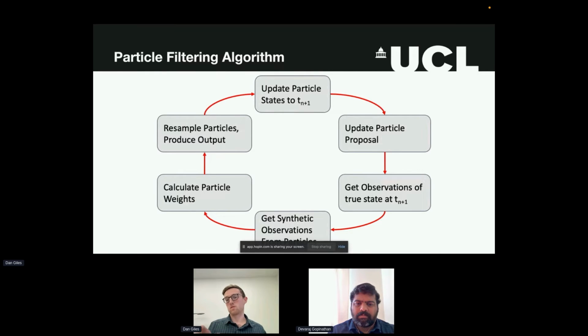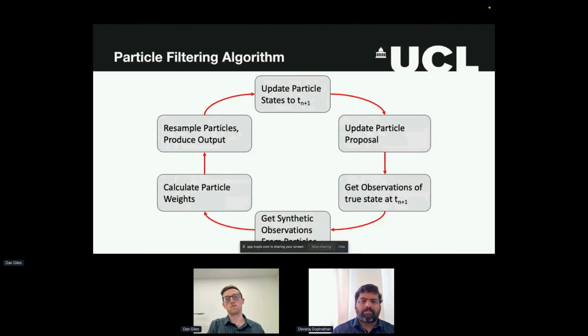You can use some smarter techniques, and one of the other techniques we use in our case is called the optimal proposal, which essentially conditions the updated states on the observations themselves. Then you have to get the observations of the true state at Tn+1. This comes from your ground truth model.